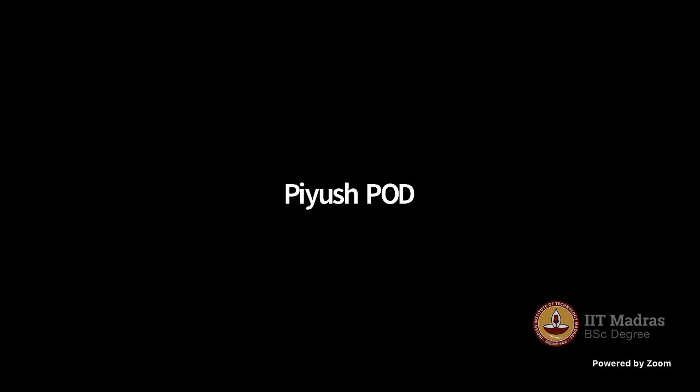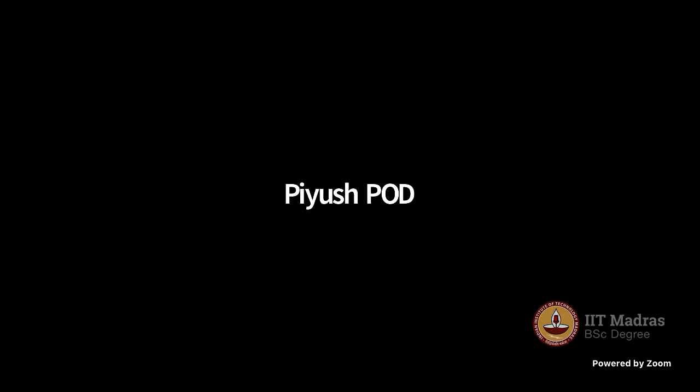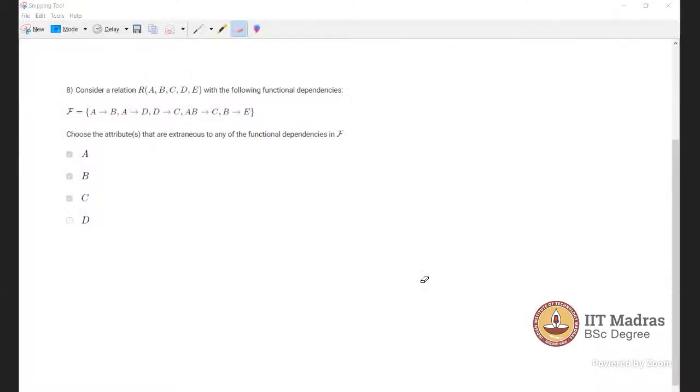It is a redundant functional dependency, A determines C, because from transitivity we can get A determines C, right?